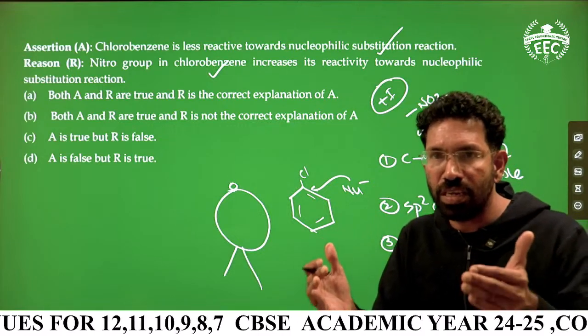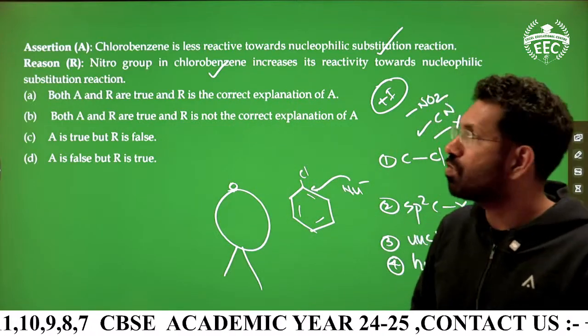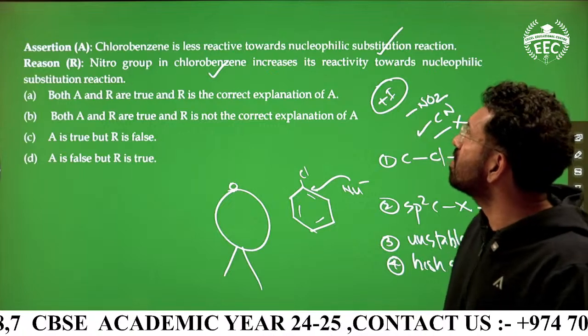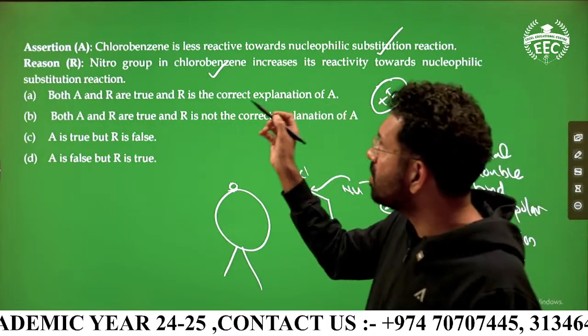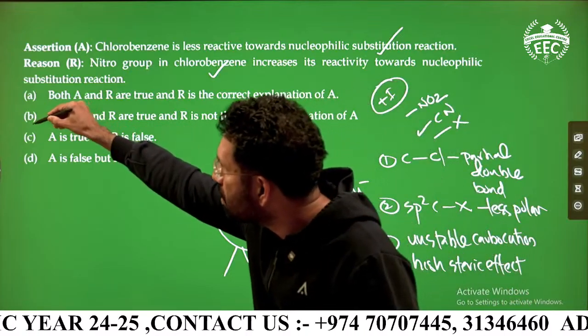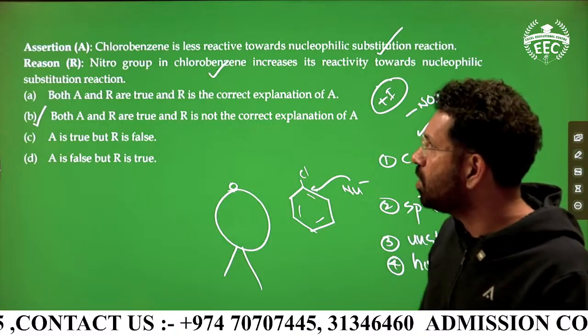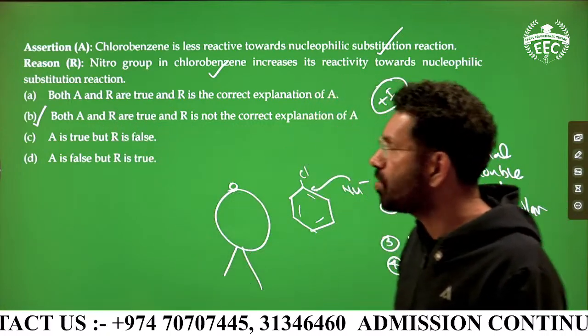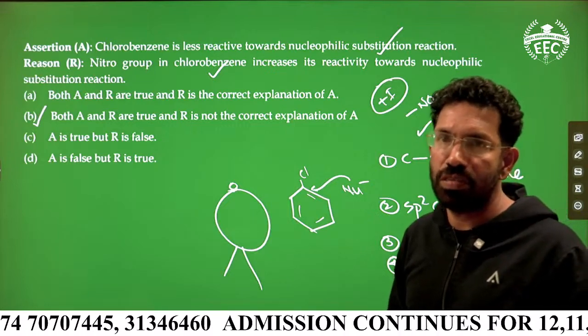That's the reason we explained in the class. Just remember, this is very, very important. So assertion and reason are both correct, but the reason is not the correct explanation. So we can go for option B, because both assertion and reason are true, and the reason is not the correct explanation of A. So that's the answer for this.